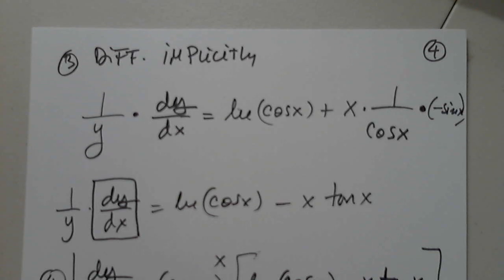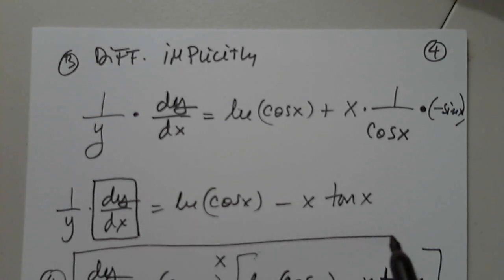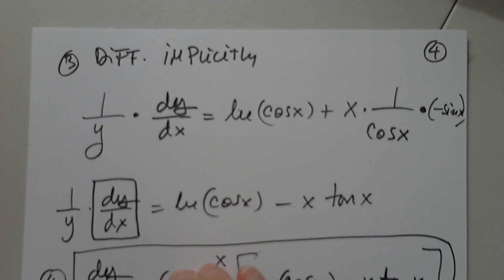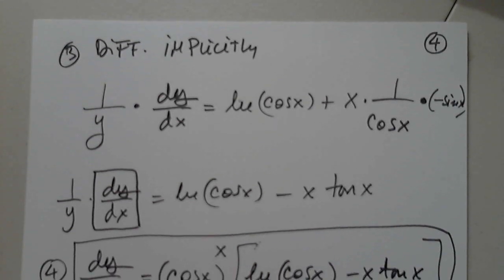This is it. I could have put y in here, but I have to replace the y by what y equals. You don't have to do anything else. You don't have to distribute, nothing. This is it.